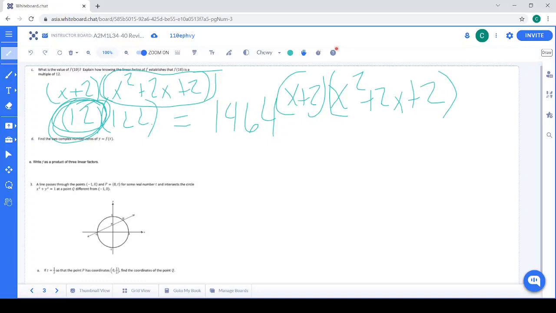Now, if we set it up like this, x squared plus 2x plus 1, and now let's move the other one to the other side. Let's do that. Because now I can factor this. Okay? If I factored this, this would be an x plus 1 squared equals negative 1.